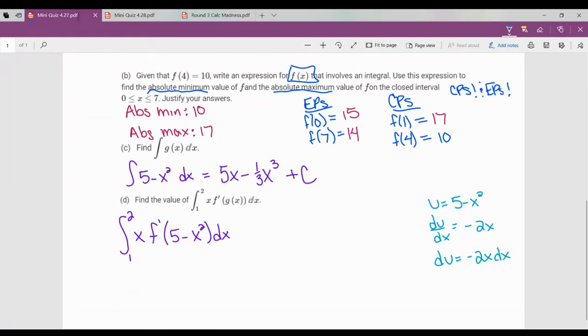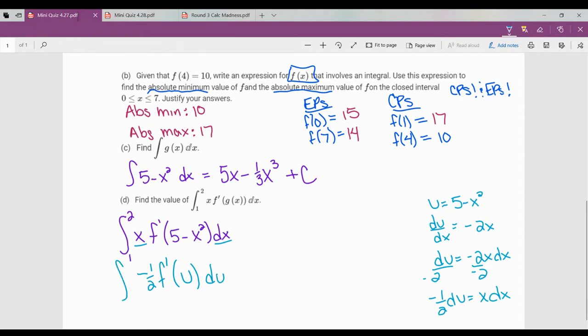All right, so if I were filling that in, I need f prime of u, but then I have dx and x, so I'm going to divide by -2, so I get the x dx by itself, so -1/2 du equals x dx. All right, so it's going to be -1/2 du.